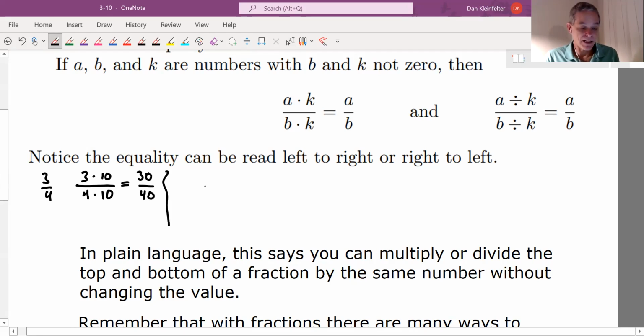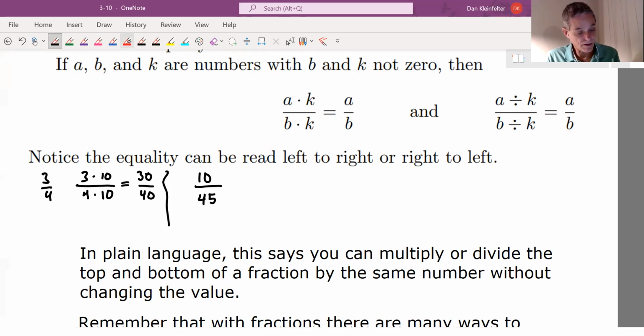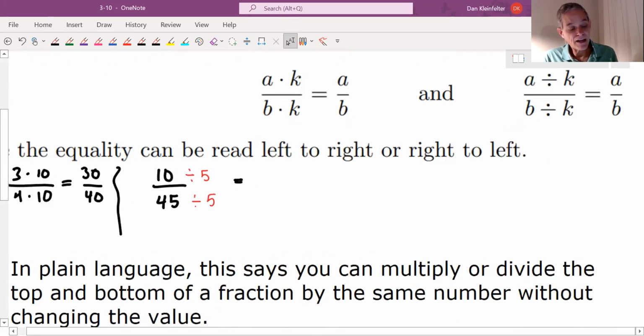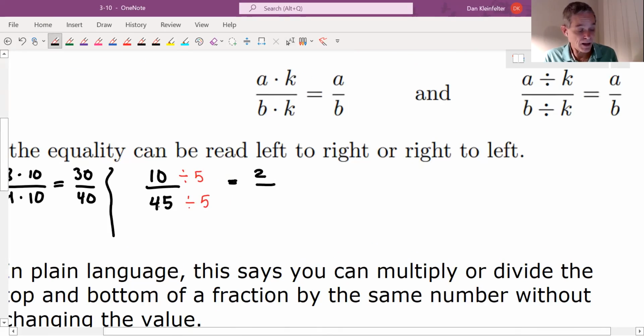Let's do another example, one where we divide the numerator and denominator by something. So let's take 10/45ths. 10 and 45 are both divisible by 5. So we're going to divide 10 by 5, and we'll also divide 45 by 5. 10 divided by 5 is 2, and 45 divided by 5 is 9.